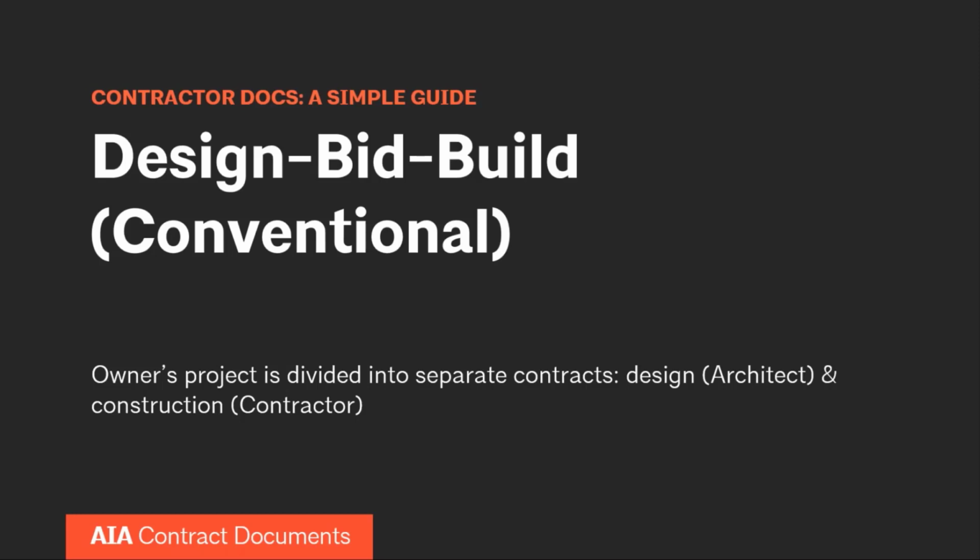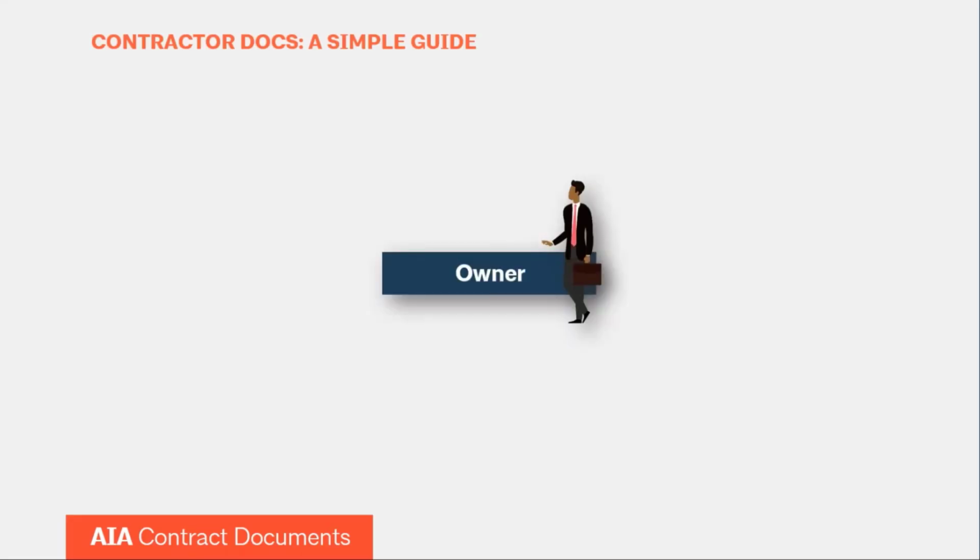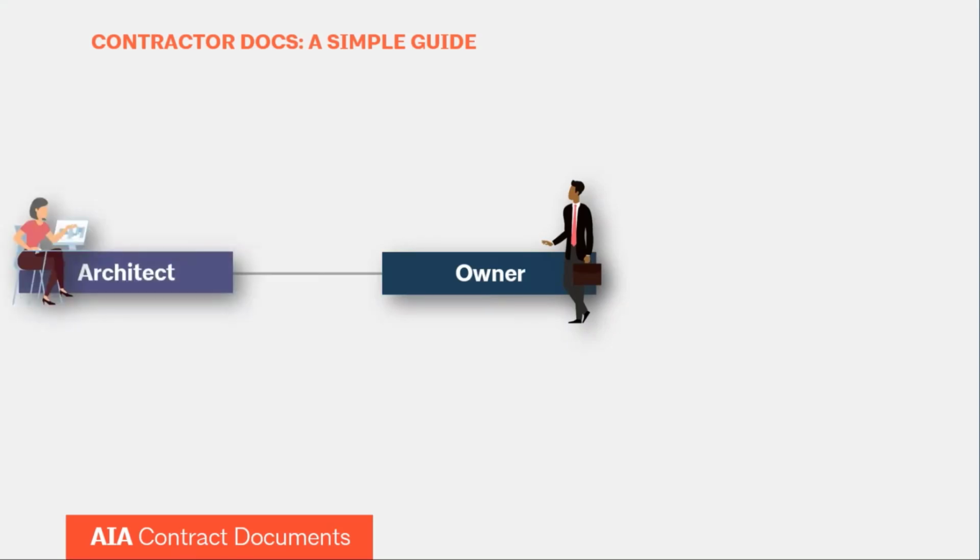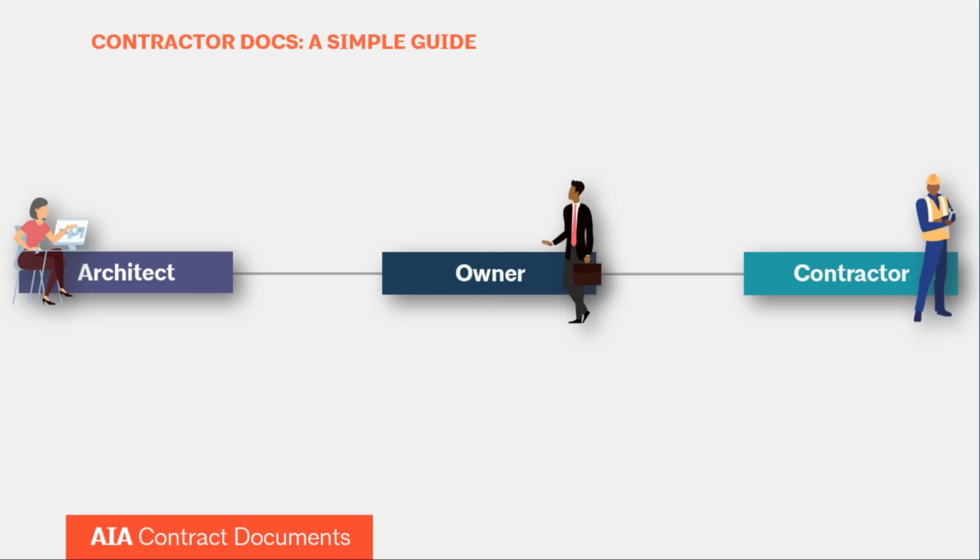So to get us started, we have the owner, who you can assume will be involved in the conventional family, and then he is going to retain an architect who will, of course, prepare the drawings and specifications and then help bid out the work to the contractor.